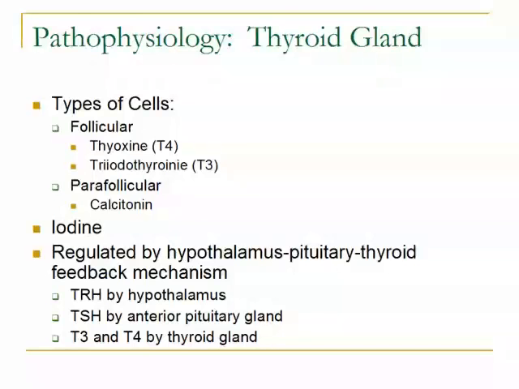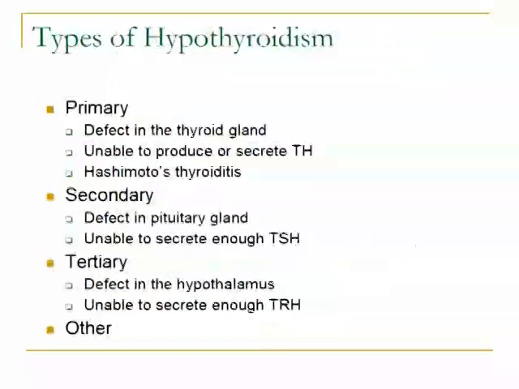We've talked a little bit earlier on the hypothalamus pituitary thyroid feedback mechanism and what is produced by each of those areas that help to keep the T3 and the T4 levels at a good level within the body system. When there starts to develop problems within the thyroid, low thyroid hormone levels are related to hypothyroidism, and there are many different causes of hypothyroidism.